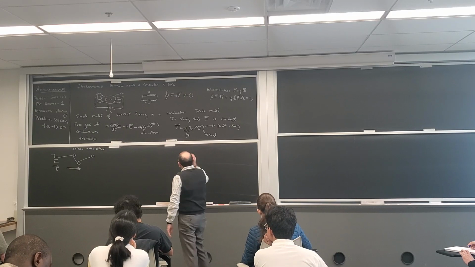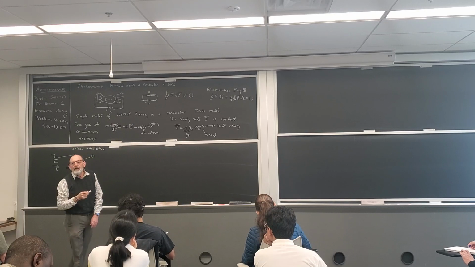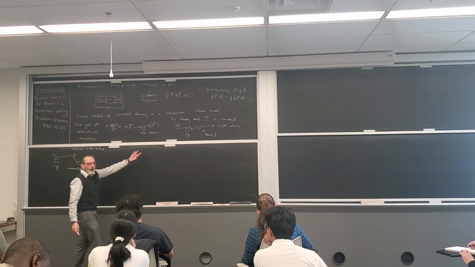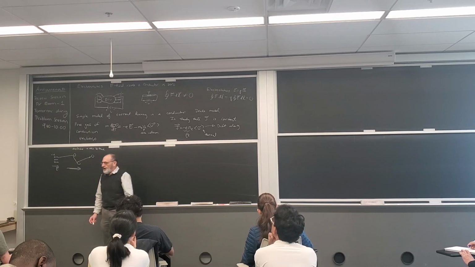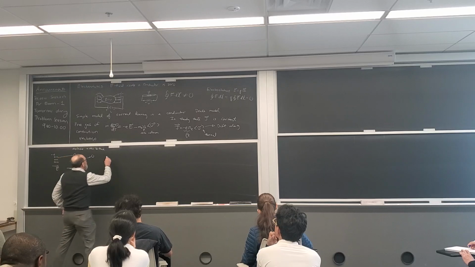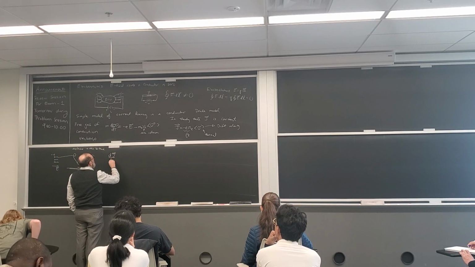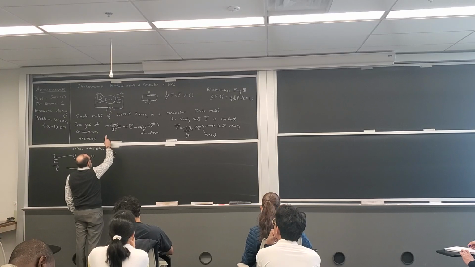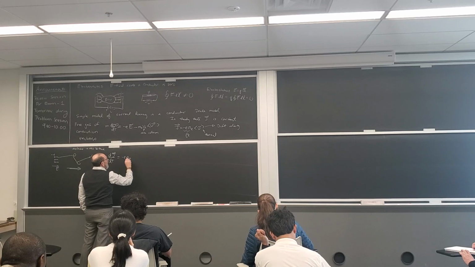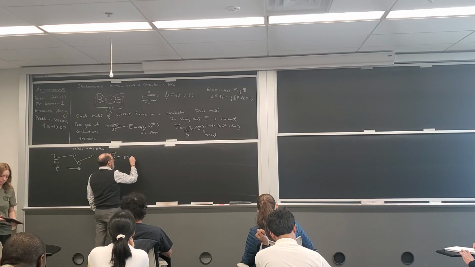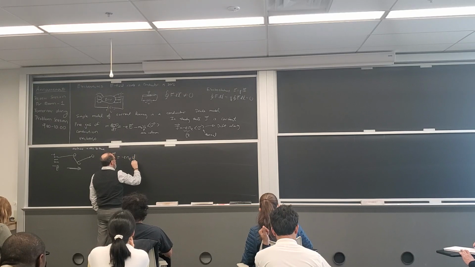Okay, so with this said, we have an equation of motion for the current density, because if I multiply this by the charge density, that's the current density. So this tells me that the current density, which is equal to minus the electron charge times the density of electrons times the drift velocity, changes in time.